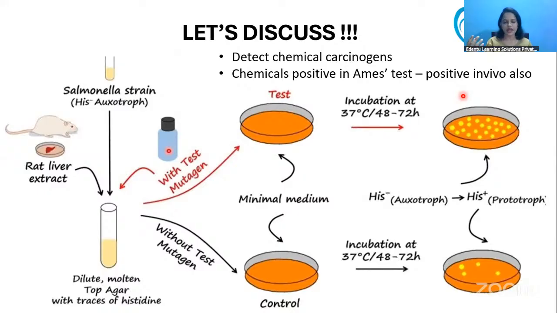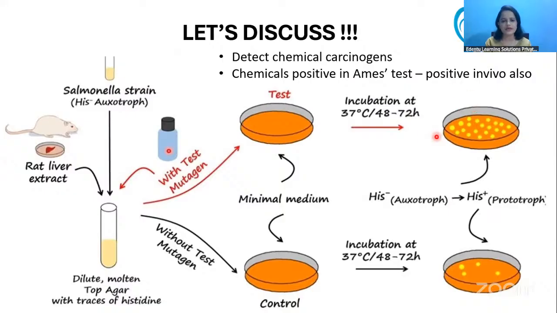That's why such histidine positive colonies are getting formed. So that shows that this particular mutagen that we used is positive for carcinogenicity. This chemical is producing mutation in this Salmonella strain. That is the main basis for this Ames test.